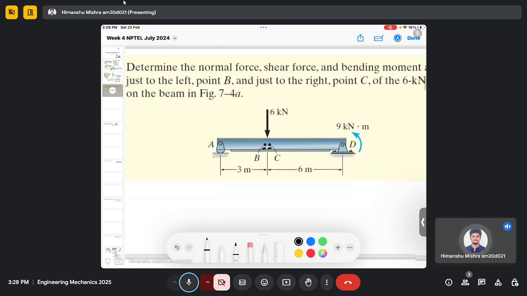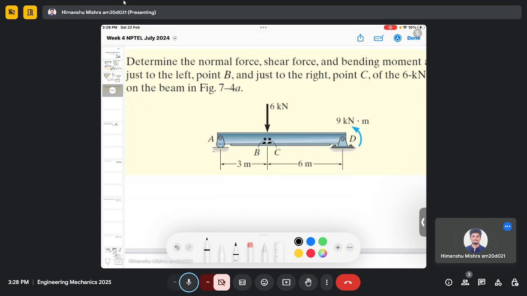So basically in this problem we are trying to understand what happens just before the left side of this point force, and when we analyze just right of the point force, how the shear force or bending moment changes.